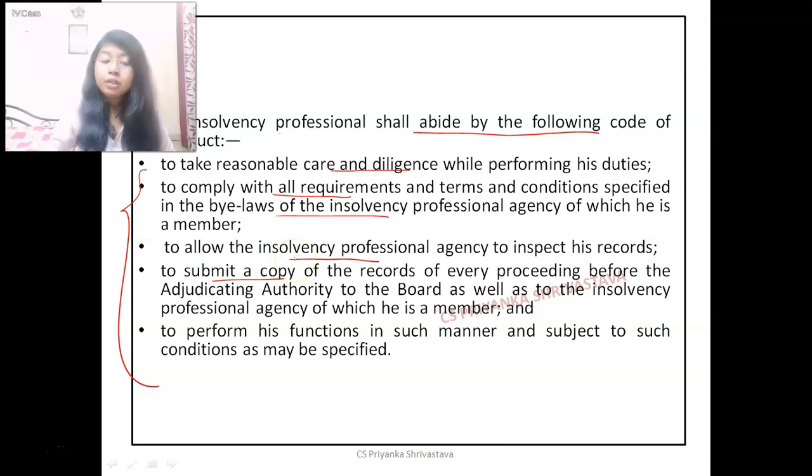So every proceeding before the adjudicating authority, to the board, that is, the board here is IBBI, as well as to the Insolvency Professional Agency of which he is a member.